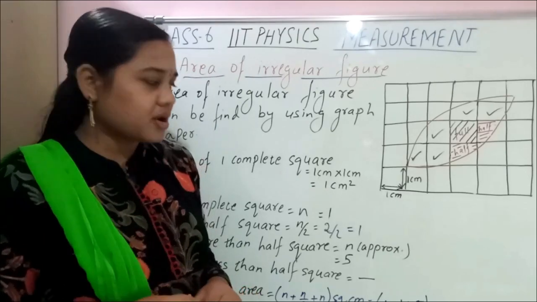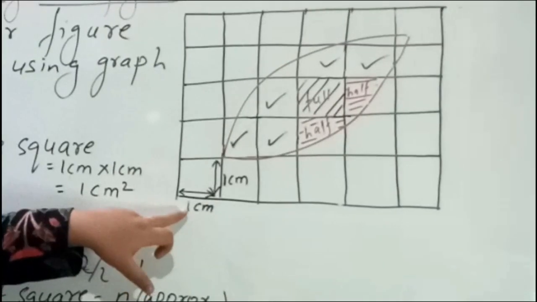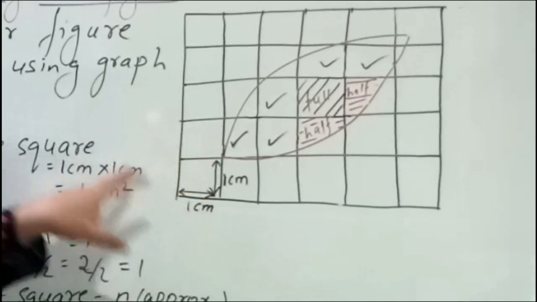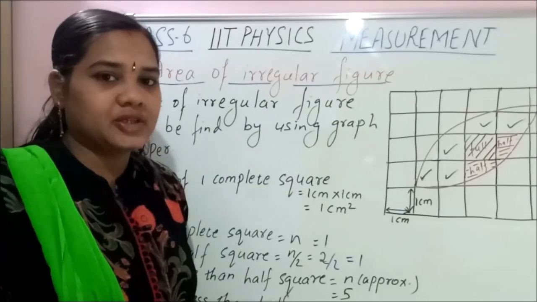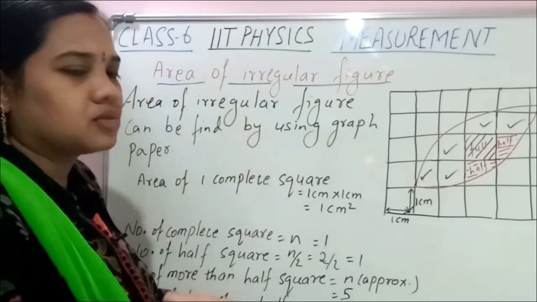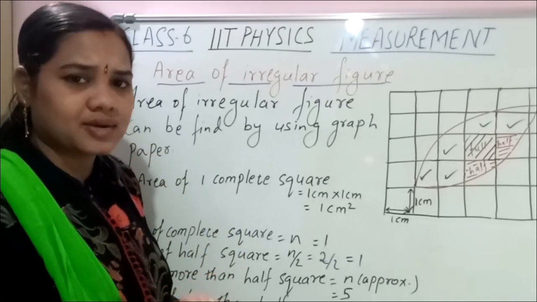One square box dimension is 1 centimeter. When you see graph paper, please take one graph paper in your hand and observe it. It is divided into so many square boxes.